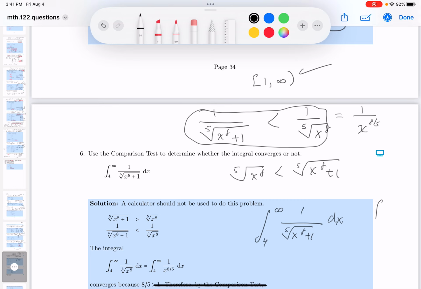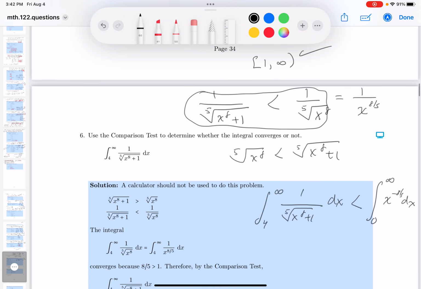We're using comparison, from 4 to infinity, of x to the minus 8/5 dx. All right, remember, we know the inequality. What do we get over here? This is definitely the case.